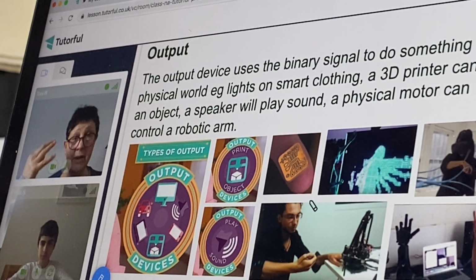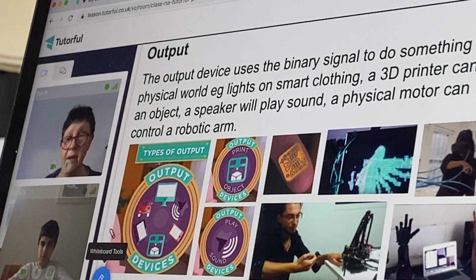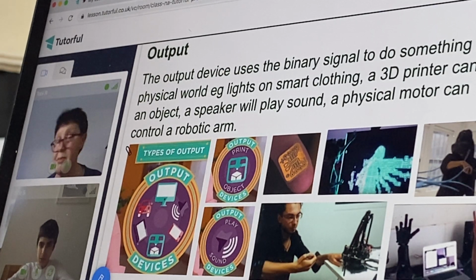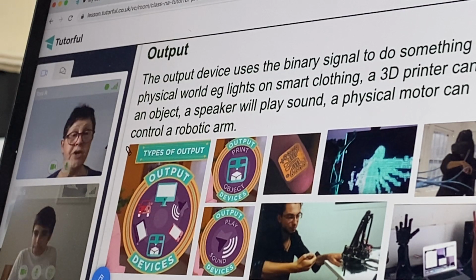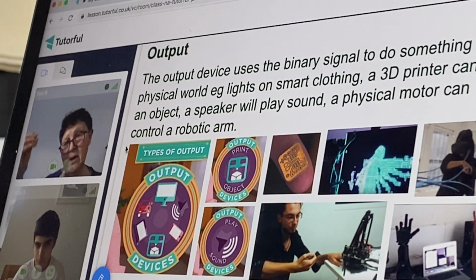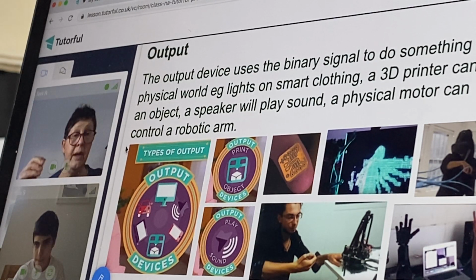Once the CPU, the computer, has processed that instruction, you might want to display a B, or you might want to do something a bit more technical. Can you see the robot arm on the bottom right? Yes. This means these can be used by people even remotely.